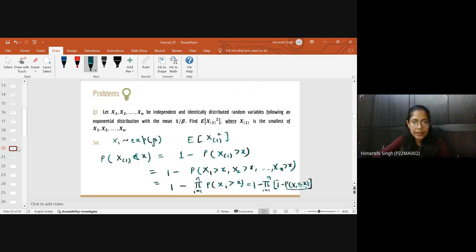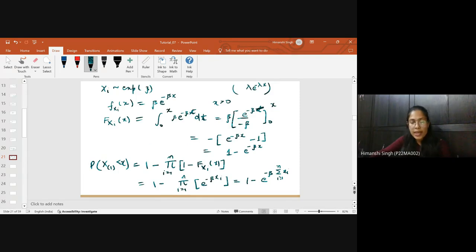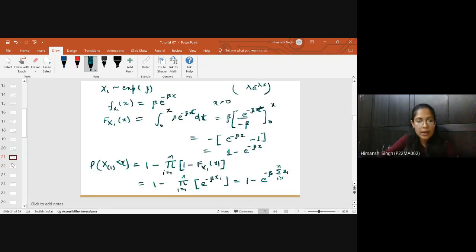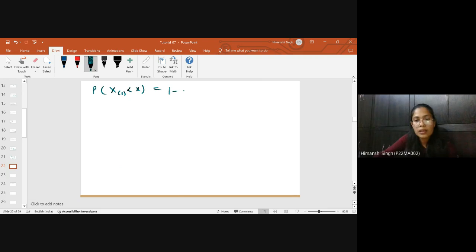And what I need to find in the question is the expectation, so I should find the density. In order to find the density, because this is a CDF of x1, I will just differentiate it with respect to x. Or I can say the probability that x1 is less than x equals 1 minus e to the power minus beta summation xi.